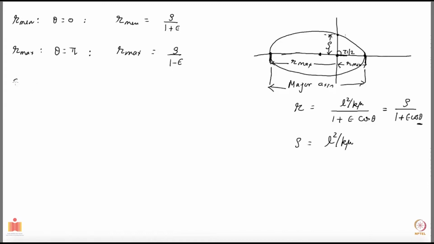So my semi-major axis is how much? It is r max plus r minimum divided by 2, because then I count from here. So I have r minimum plus r maximum, the whole thing divided by 2.